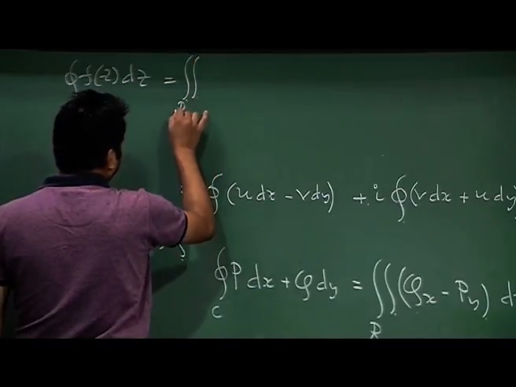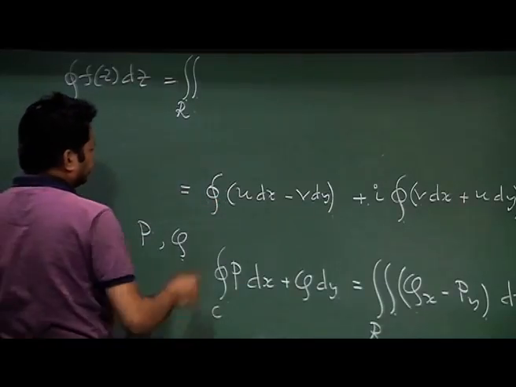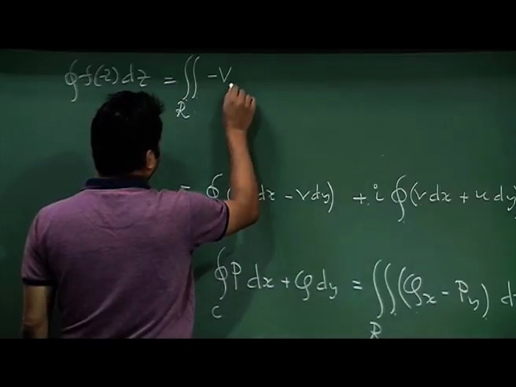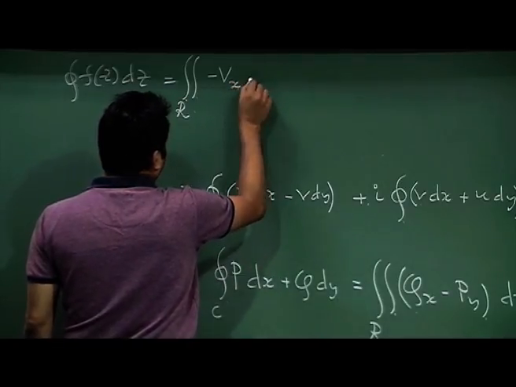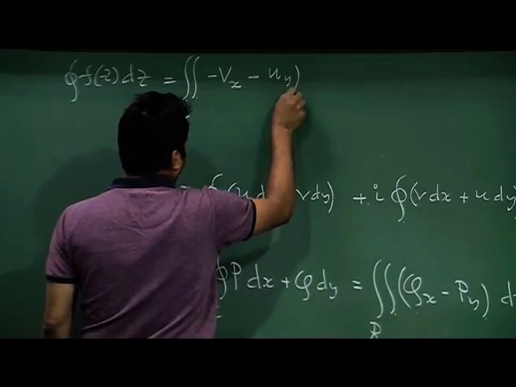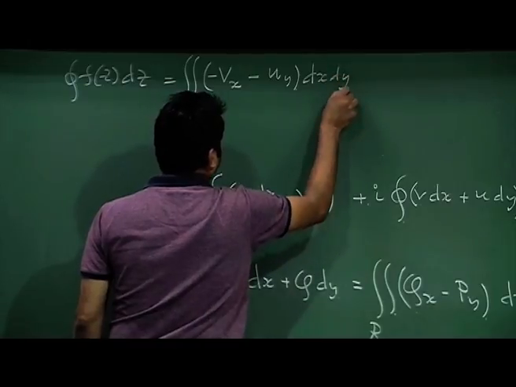Integration over some region, the region is enclosed by this circle, minus of v x minus u y dx dy.